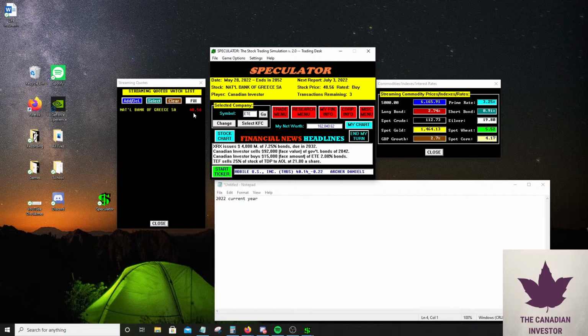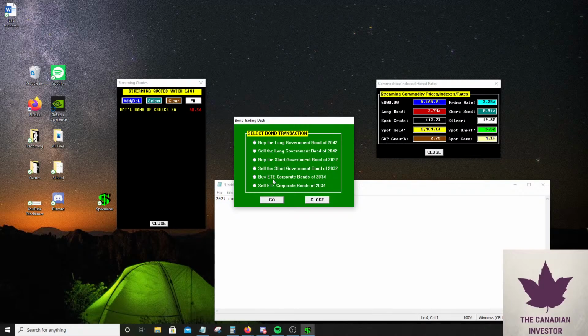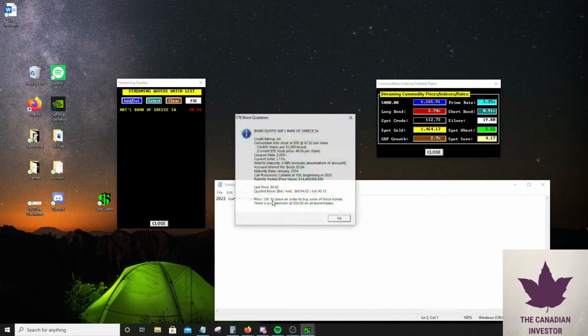So in this case, we have the right to convert X amount of shares. Here, let me see this. I always find this interesting to look at. So basically we can convert into stock at $67.52 a share, in which we'll own about 14.8 shares for $1,000 a bond.